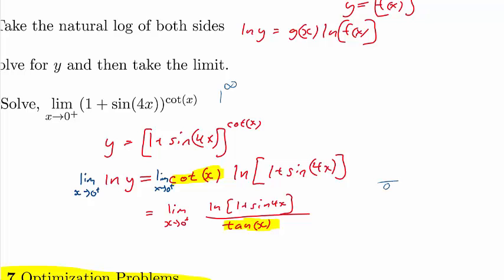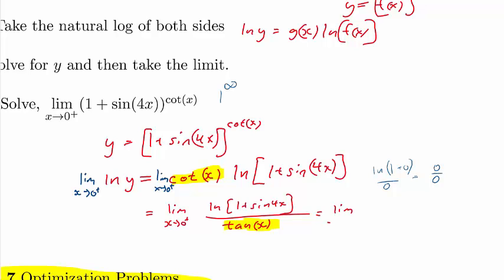And then here you have the natural log of 1 plus 0, which is the natural log of 1. Natural log of 1 is 0 over 0. Right? E raised to what power is 1? That's 0. Okay, so we can use L'Hopital's rule.